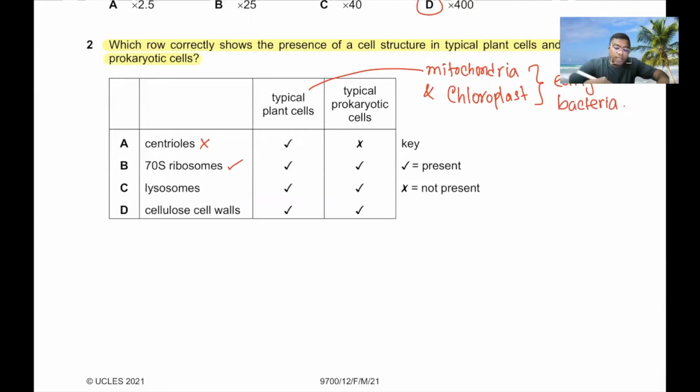They are in the eukaryotic cell through endosymbiosis. So we know that typical prokaryotic cells do not contain any membrane-bound organelles, and cellulose cell walls are not contained within a typical prokaryotic cell. So all of the options are wrong. Option number 2, B.